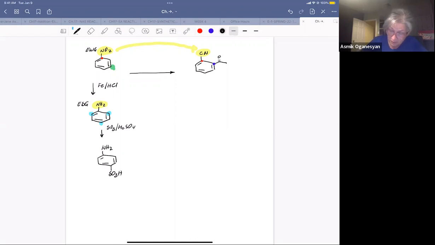Now the para position is taken, and we can put carbonyl onto ortho position. Let's recall the conditions for that.